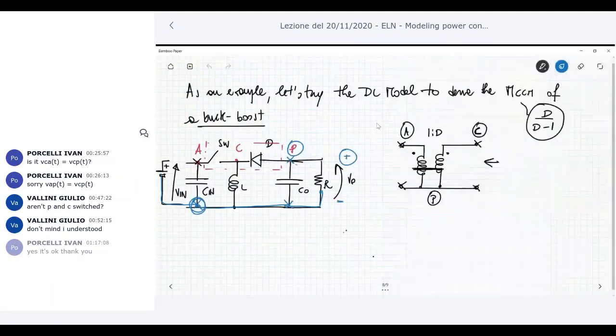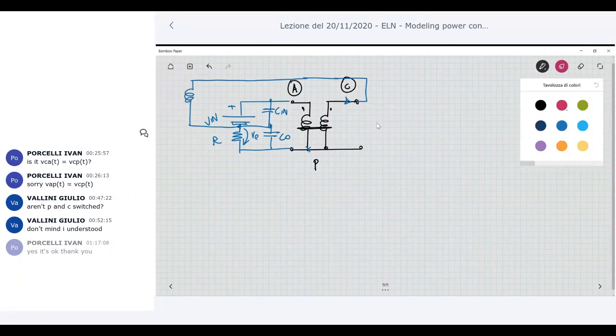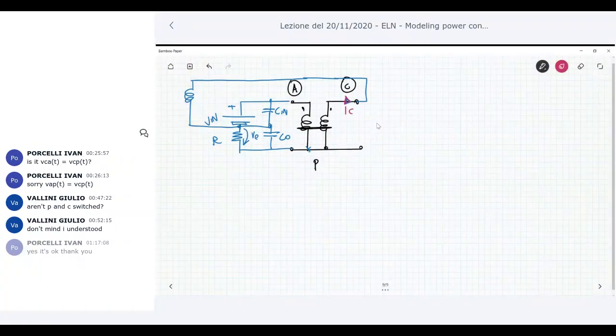And then we have C in, which is connected between A and the negative sign of the battery, here. Okay, something like this. Remember that here we have IC. This is VCP. This is IA, DC, and this is VAP.